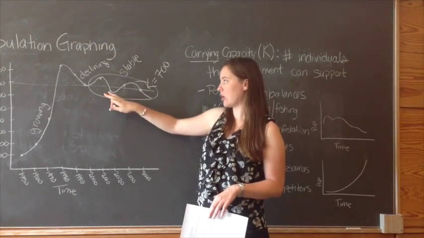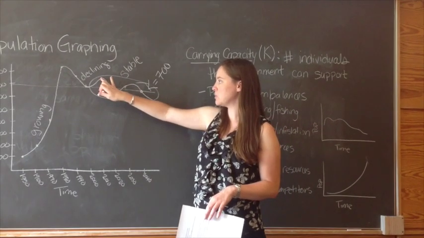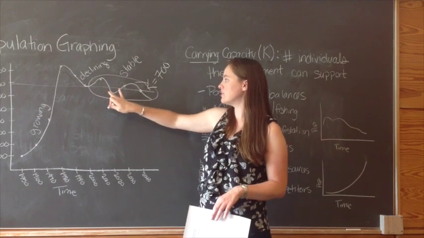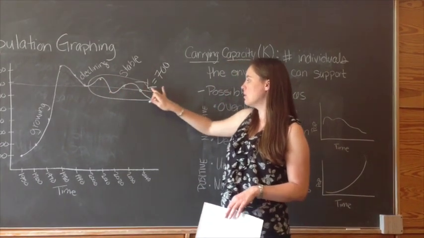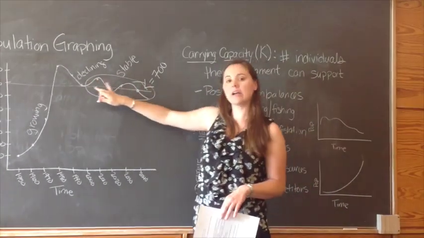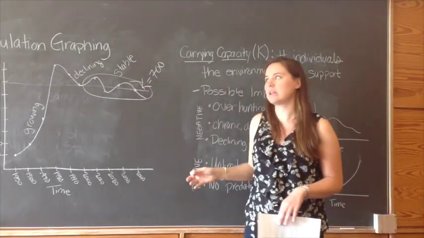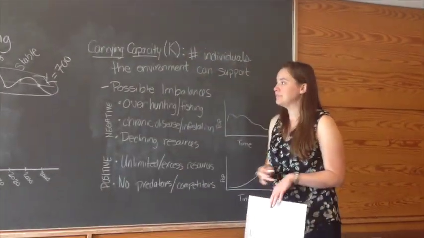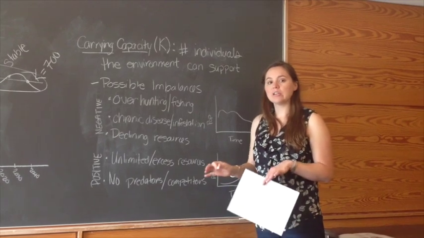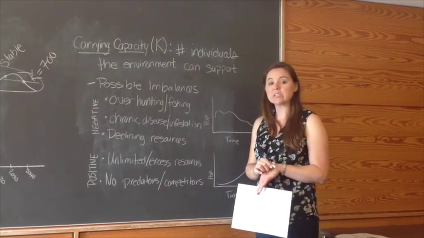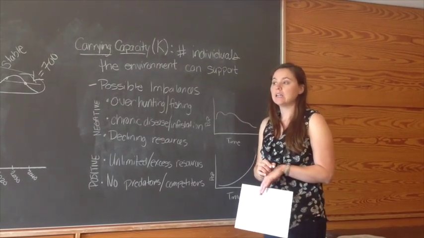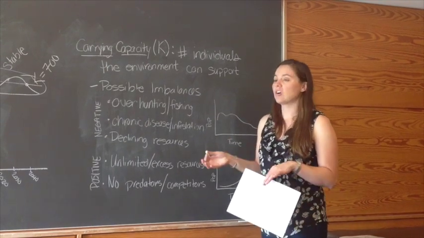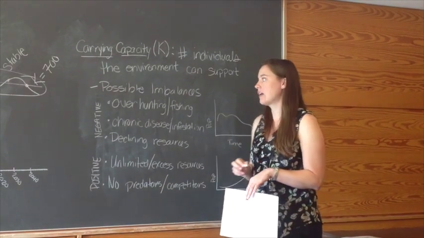You can see here in our population, it fluctuates between about 750 and 650 individuals over time. So we call our carrying capacity 700 because it's right in the middle. Unless a population is facing some imbalances or some stresses or an extremely large amount of resources, it's going to tend towards that carrying capacity.